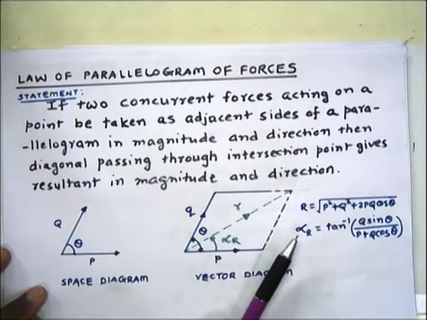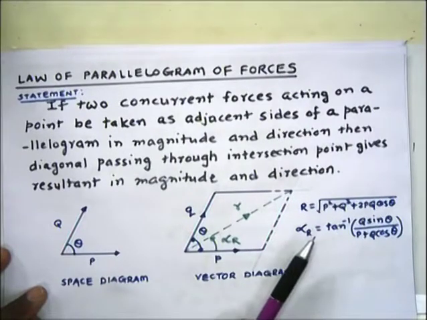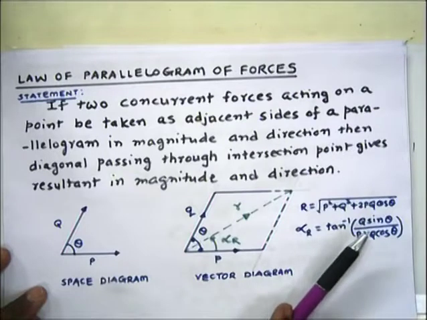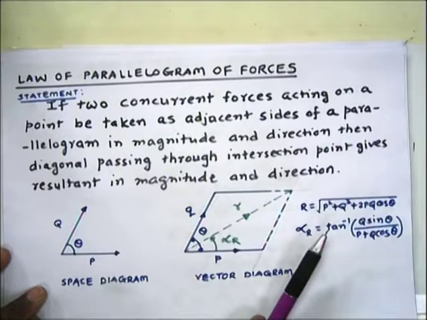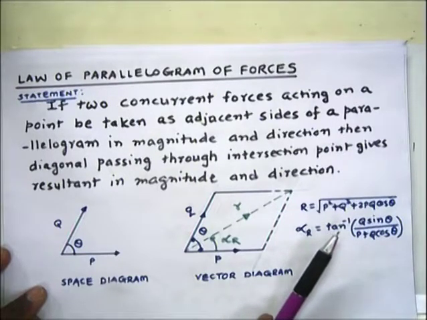The direction of the resultant force is given by alpha R, which is tan inverse of Q sin theta divided by P plus Q cos theta, while in the resolution method it was tan inverse of sigma Fy by sigma Fx.